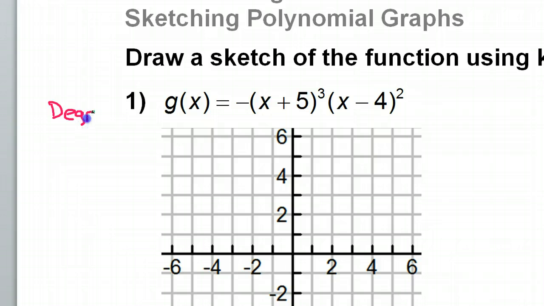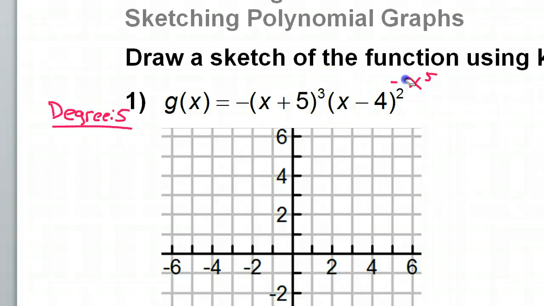The degree is 5. I know that because I have a third power and second power. That's 3 and 2. Without the plus 5 part, this would be x to the third power. Without the minus 4, this would be x squared. X to the third power times x squared would equal x to the fifth power. So I know this is degree 5.